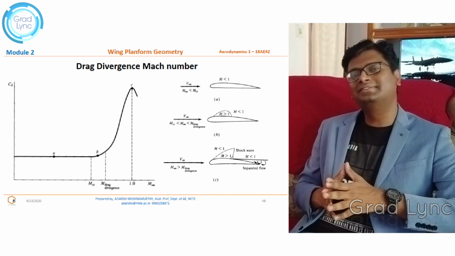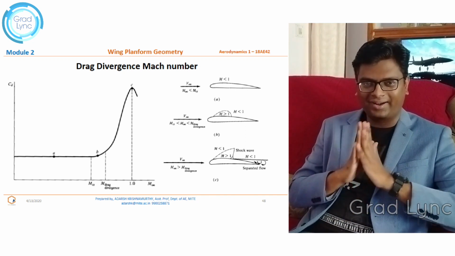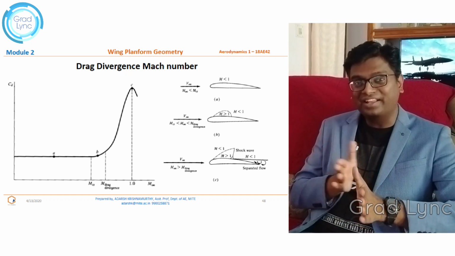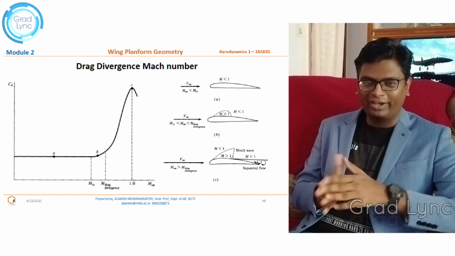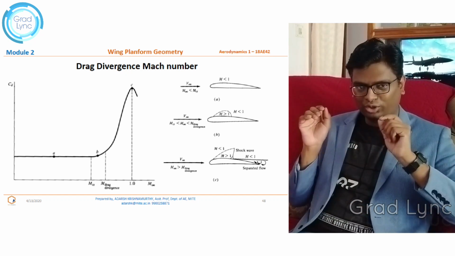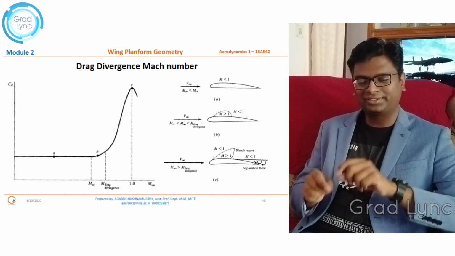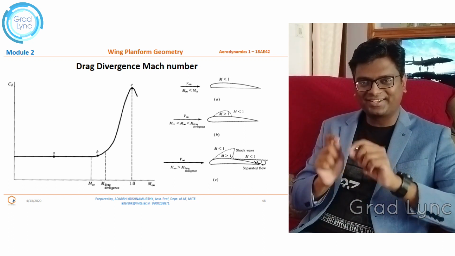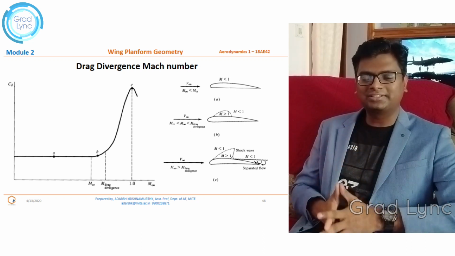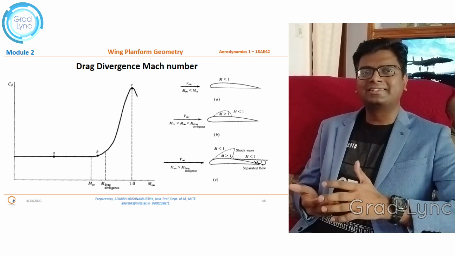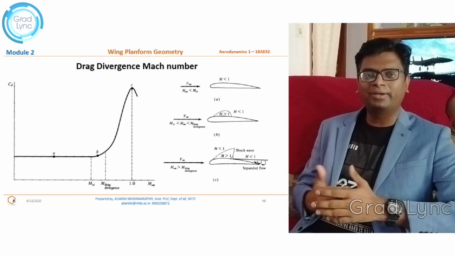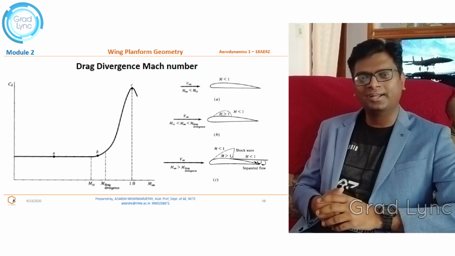Now this point is defined as the drag divergence Mach number, and it occurs nearer to the transonic region where there is a possibility of generation of shock waves. So the Mach number at which the drag drastically increases is called the drag divergence Mach number. If I still increase the Mach number beyond the drag divergence Mach number, definitely there will be shock waves on the airfoil surface.